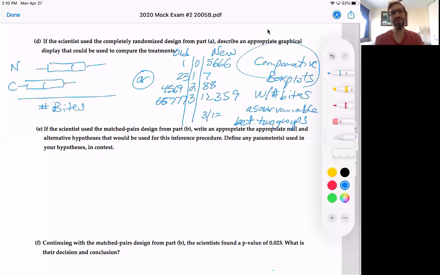So comparative box plots, comparative dot plots, comparative stem plot, back-to-back stem plot, comparative histograms, any of those would be legitimate ways of comparing this data.